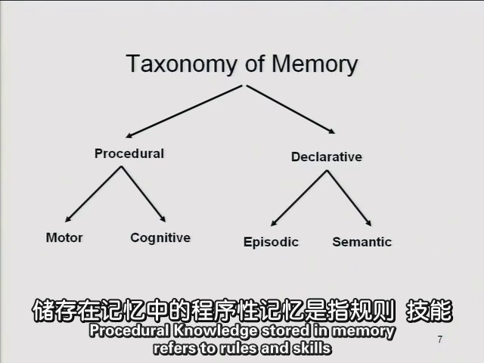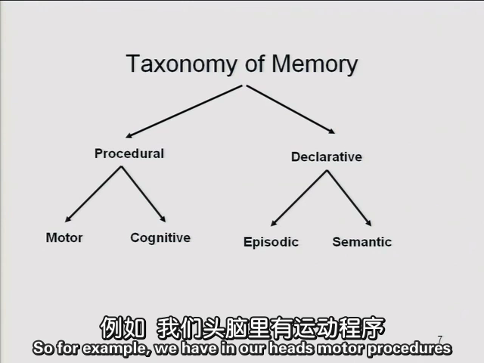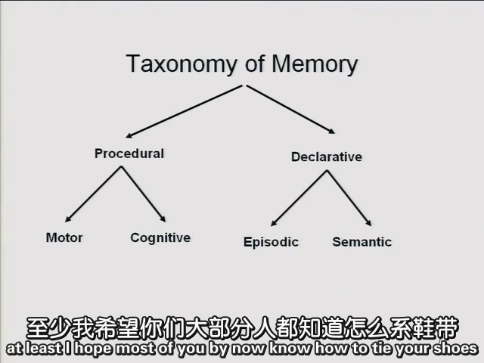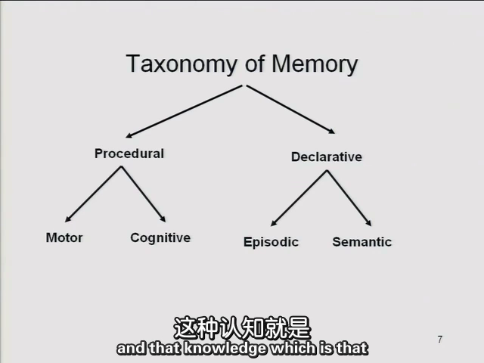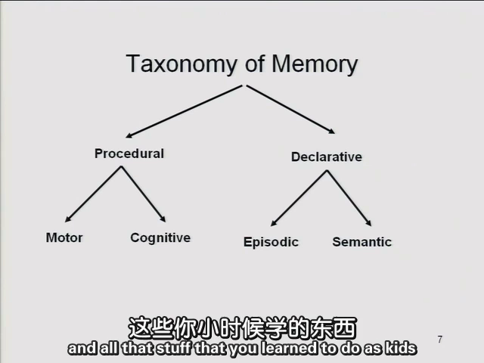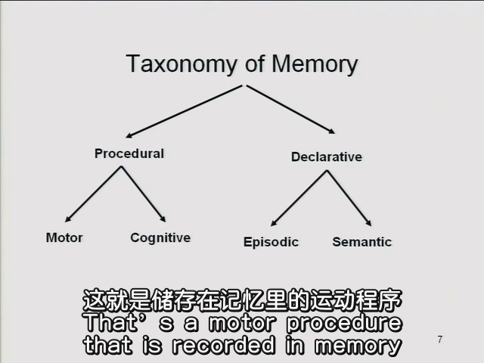Procedural knowledge stored in memory refers to rules and skills, procedures that allow us to get from one place to another cognitively. So, for example, we have in our heads motor procedures. All of you know how to tie your shoes. At least I hope most of you by now know how to tie your shoes. And that knowledge, which is you make a loop and you put the one over the other and all that stuff that you learn to do as kids and that you may teach your own kids to do at some point, that's a motor procedure that is recorded in memory.